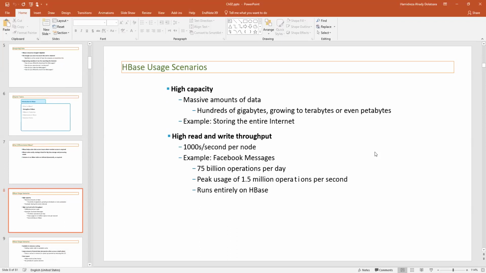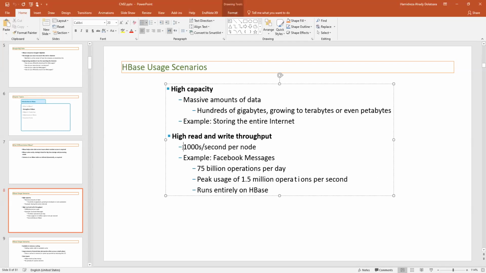As you see, one example of HBase capacity is storing the entire internet. It gives you enough of a programming platform that you can record everything on the internet. Maybe you don't need that, or you shouldn't, but you have that much capability.